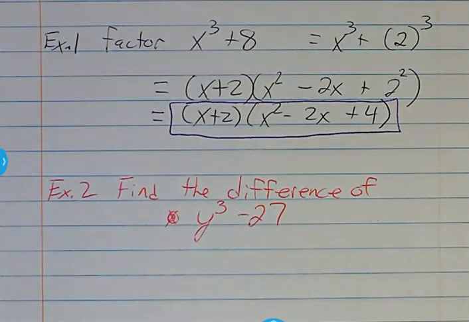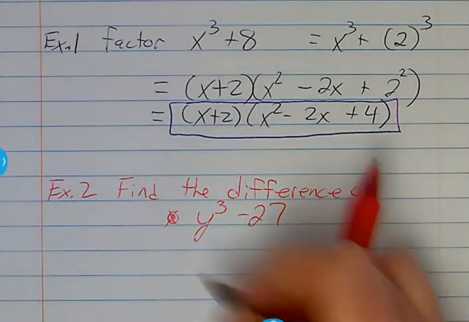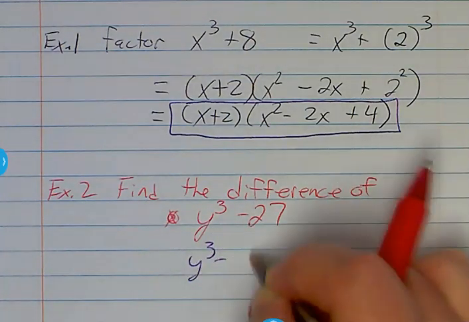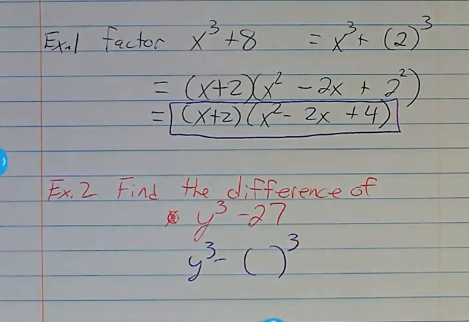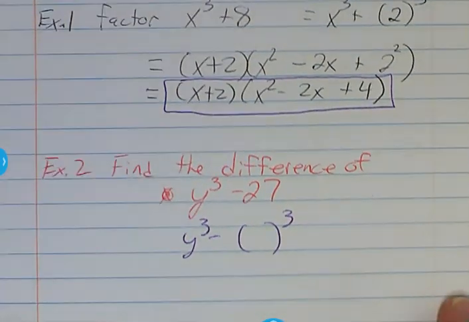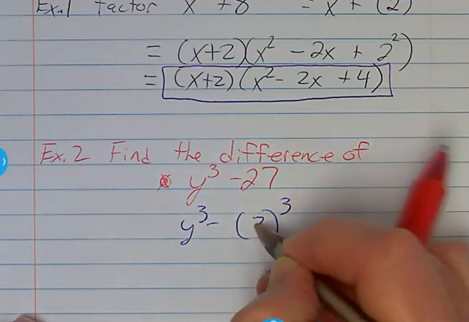Instead of saying factor it, they may just say find the difference of, and then you've got y to the third minus 27. Okay, so again, we know that's cubed, so we're good there. But the 27, we've got to figure out what that is as something to the third power. And if you just run through your numbers real quick and do the third powers, that's going to be 3 to the third power.